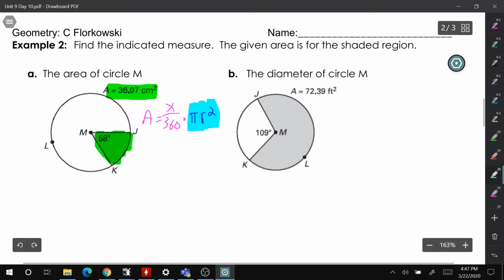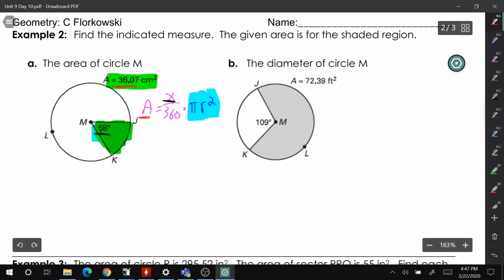Now, we know the x value is 58, and we know what our a value is. It's 36.07. So then when I set this up, it's going to be 36.07 equals 58 over 360 times pi r squared.